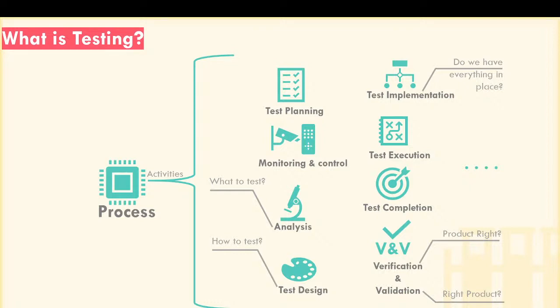So in verification we test everything by asking this particular question: are we building the product right? And in validation, what we actually do is focus most on the customer-centric scenarios, the customer requirements.